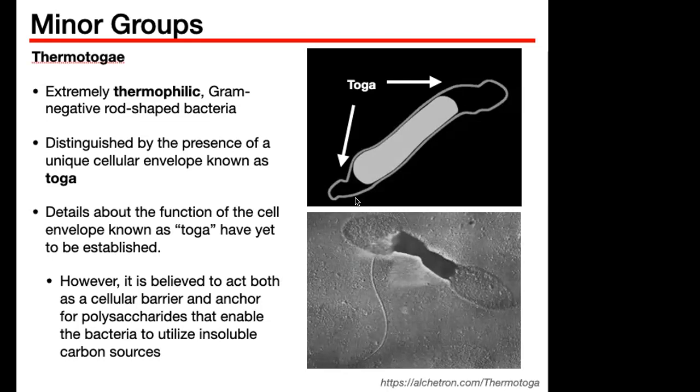And details about the function of the cell envelope known as toga have yet to be established. It doesn't have a clear-cut function, but it is believed to act both as a cellular barrier and also for anchorage, which would enable the bacteria to utilize insoluble carbon sources.